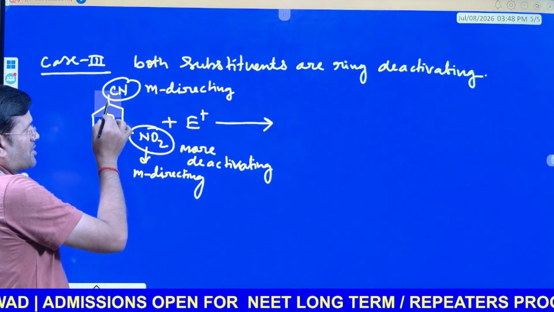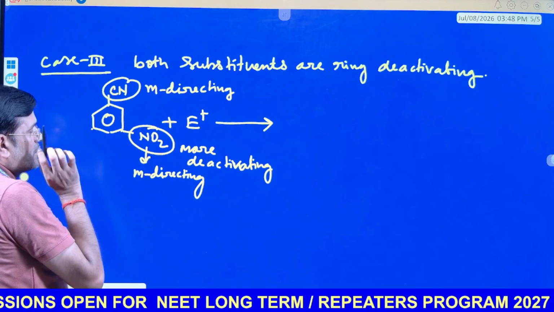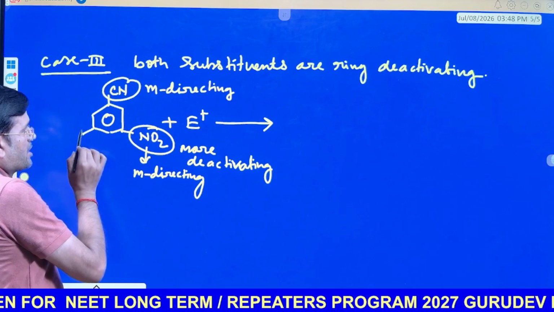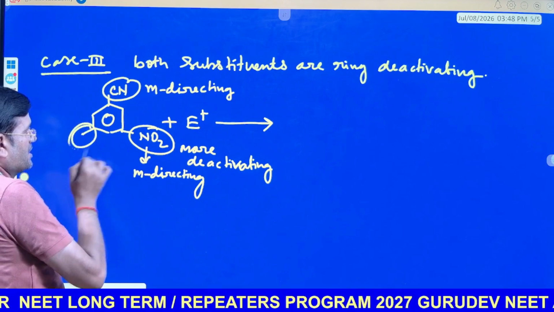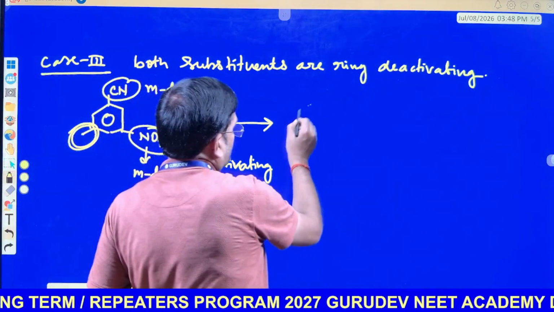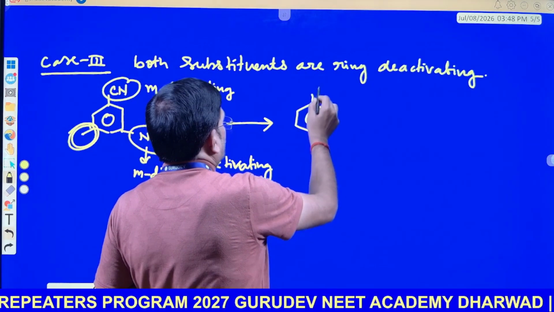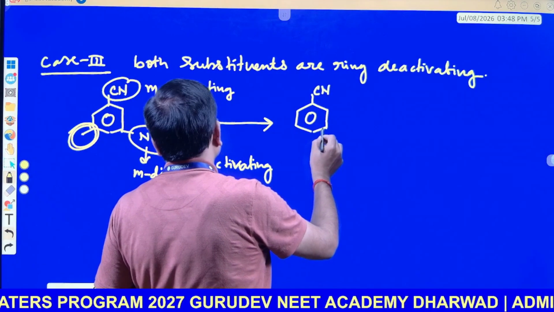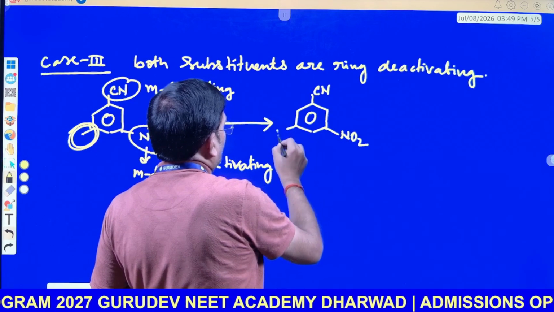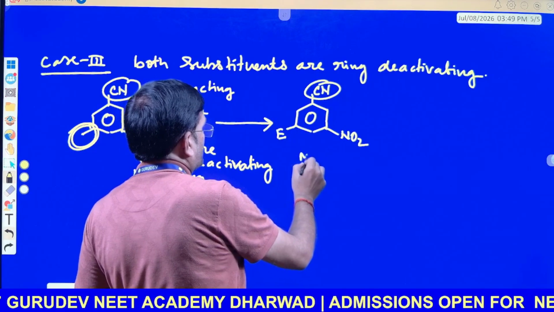So with respect to this one, these two are meta. So the meta position being already blocked here, but here it is free. So the incoming electrophile will come here only. So the product in this case will be CN, NO2, and the incoming electrophile will be directed by CN. So this is the final and major product.